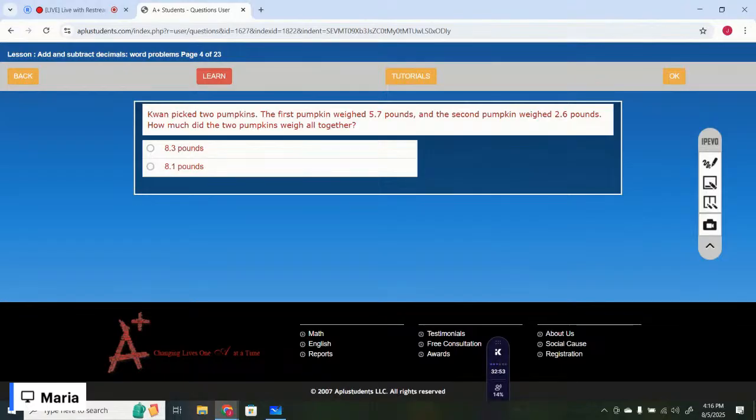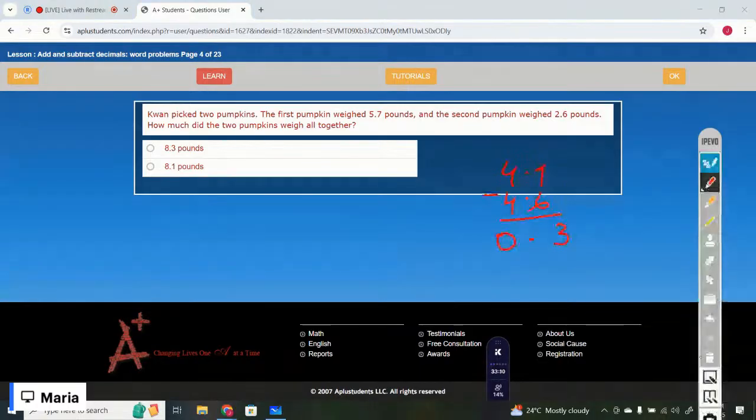Peg has two pumpkins. The first pumpkin weighed 5.7 pounds and the second pumpkin weighed 2.6 pounds. How much did the two pumpkins weigh all together? 5.7 plus 2.6. 7 plus 6 is 13, right? 3 and carry 1.